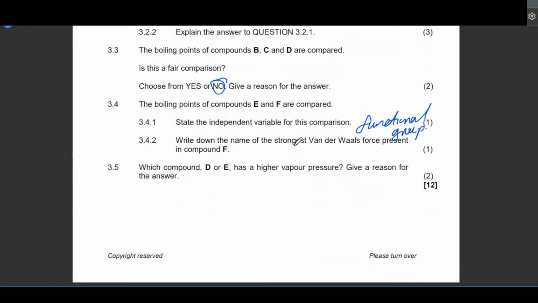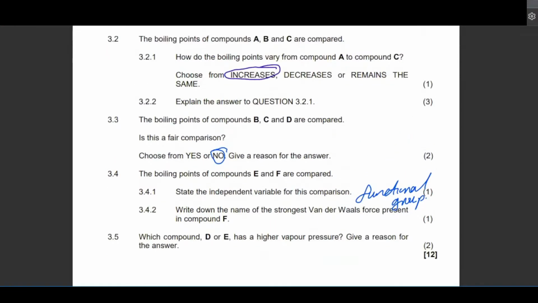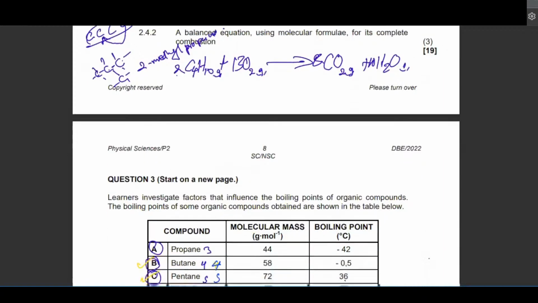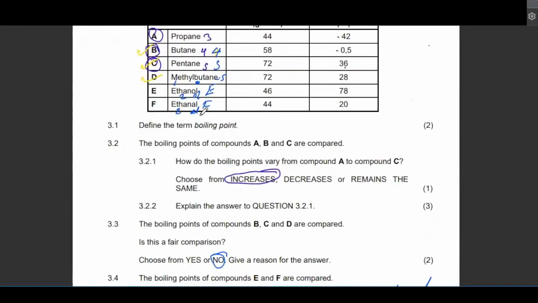Write down the name of the strongest intermolecular force present in F. F is ethanal. Ethanal has no hydrogen bonds. That's why you see that its boiling point is lower than ethanol, which has hydrogen bonds.